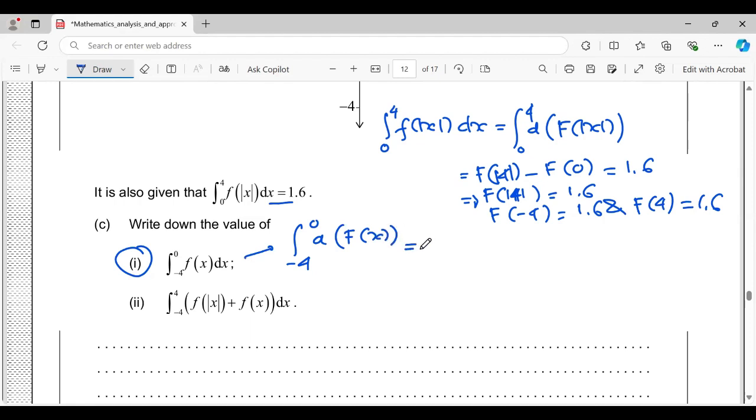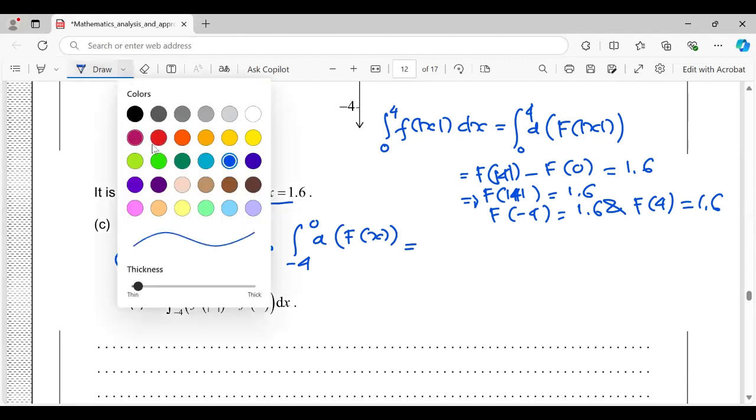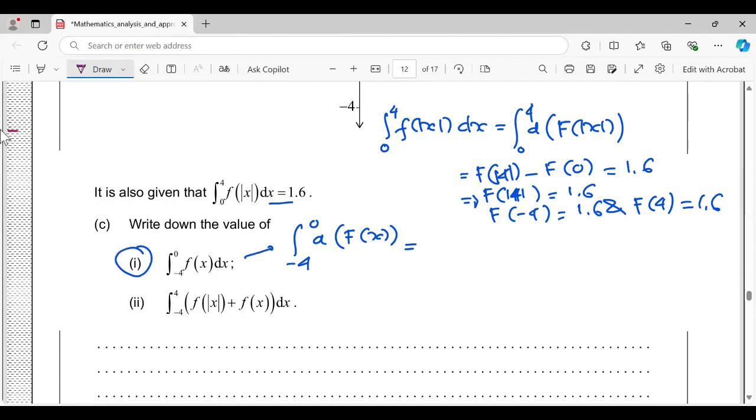Okay, and I'm going to change to a different color. So it is F(0) minus F(-4). F(0) equals 0, and F(-4) is 1.6. So it is minus 1.6.